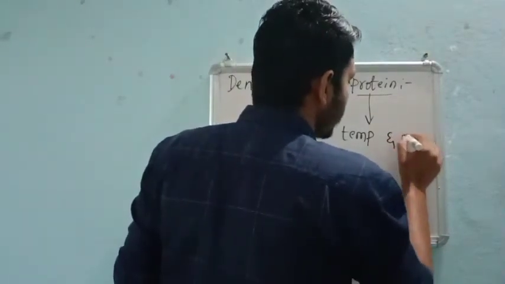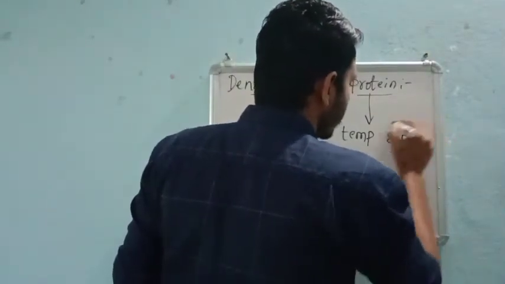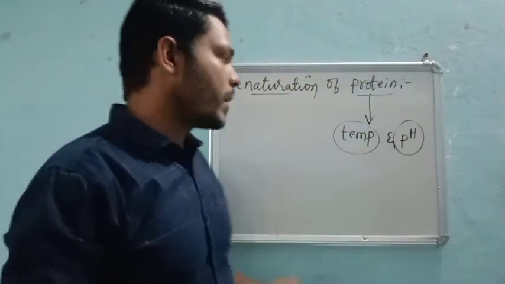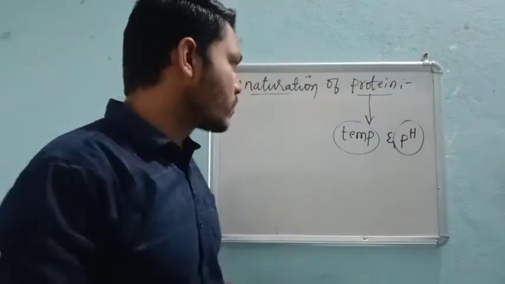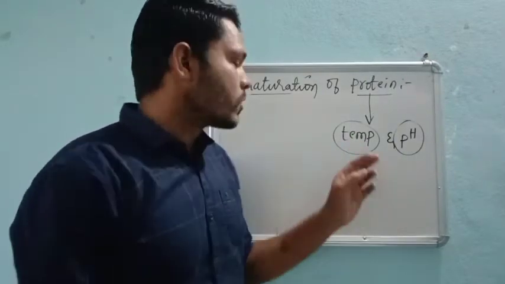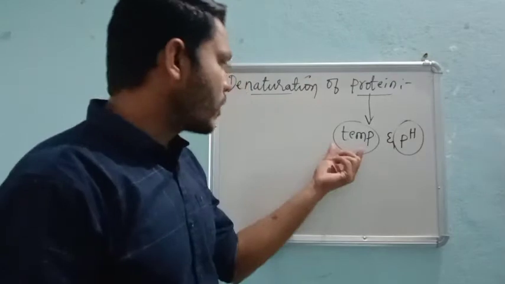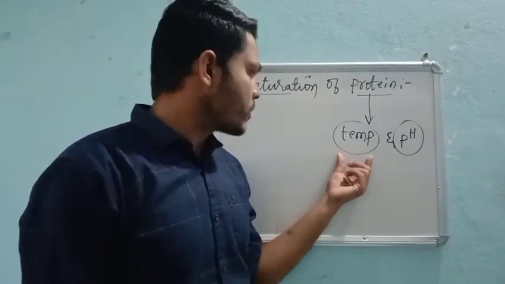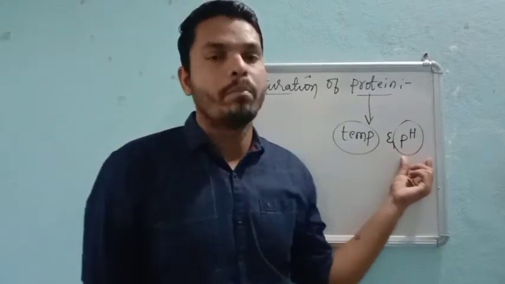Temperature and pH play a very important role. I will not mention any particular protein, because I am not taking any particular protein. We just go generally. So to be an active protein in our body, we must provide the essential temperature as well as the pH.